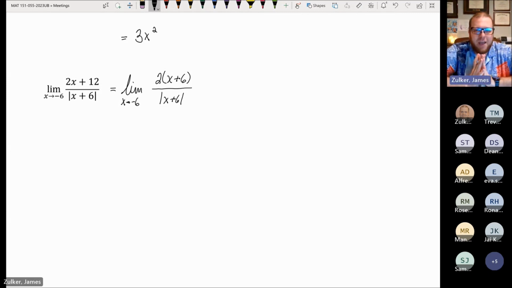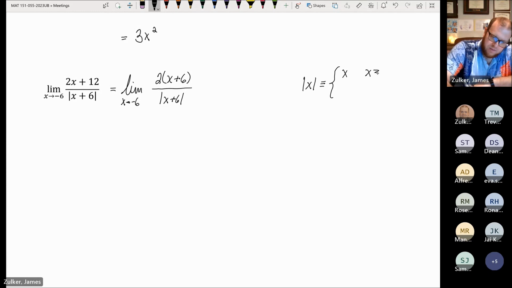But remember how absolute value is defined. It's a piecewise function.